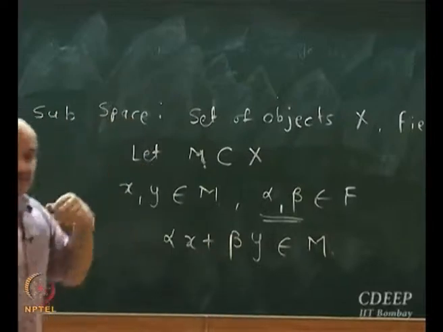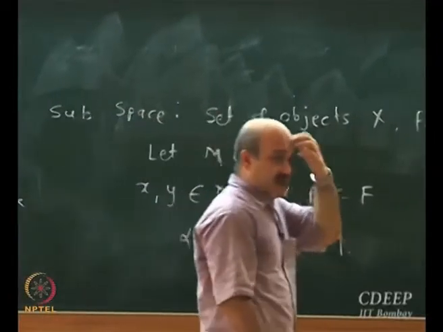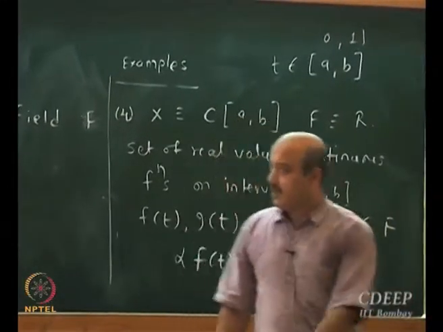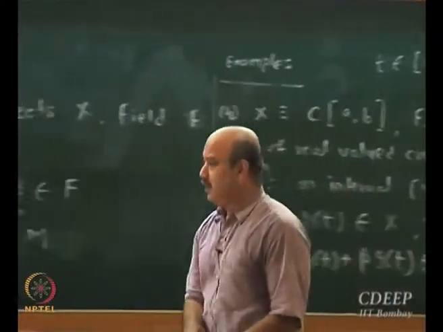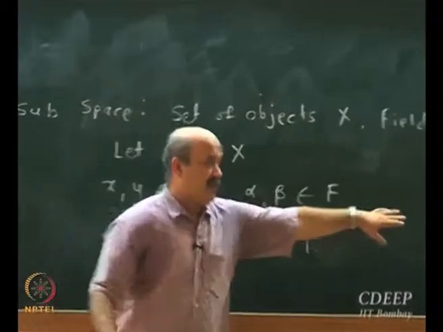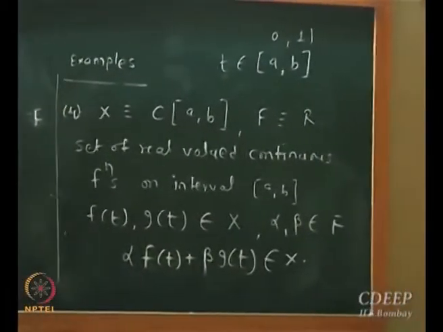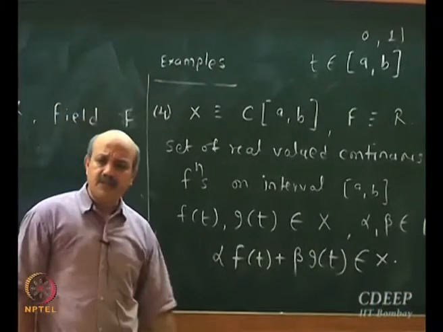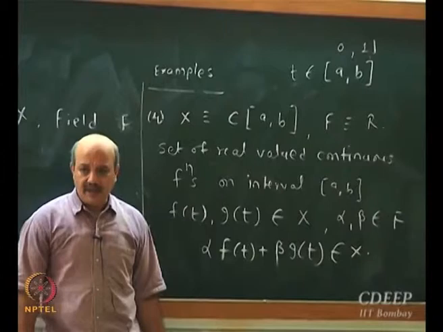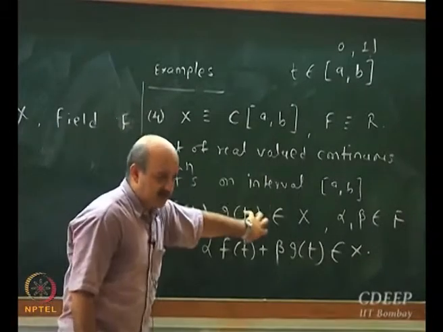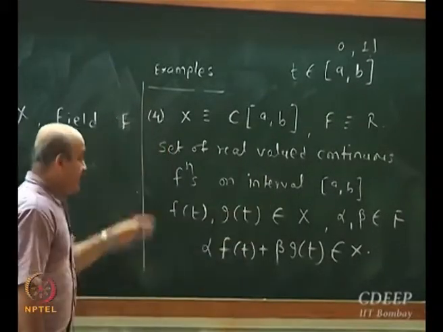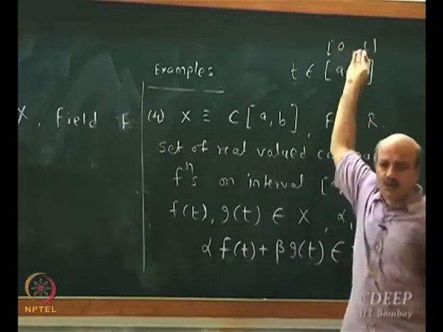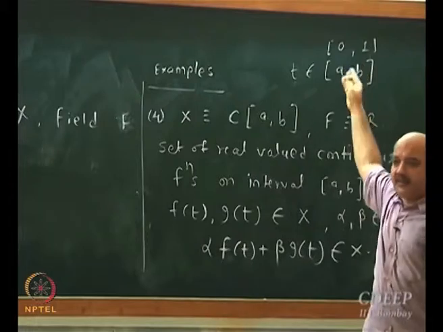So can I give you an example? I'll give you an example which is completely different but generalizes this concept. Let's look at this space: the set of polynomials. Are they continuous functions? Yes. The set of polynomials is a set of continuous functions, let's say defined over a to b, or 0 to 1 if it is convenient for you to imagine.